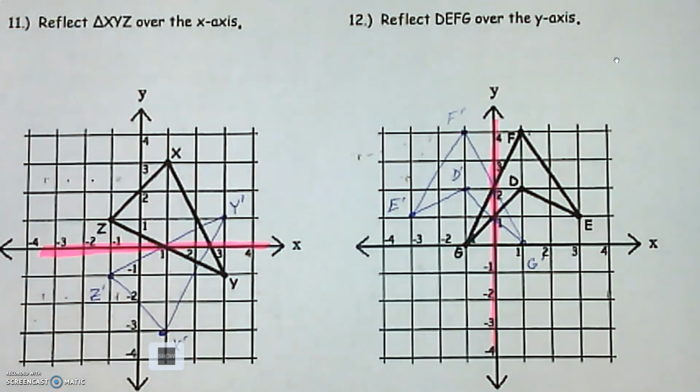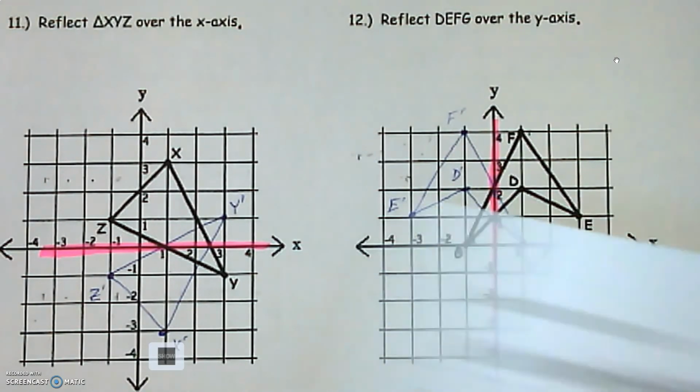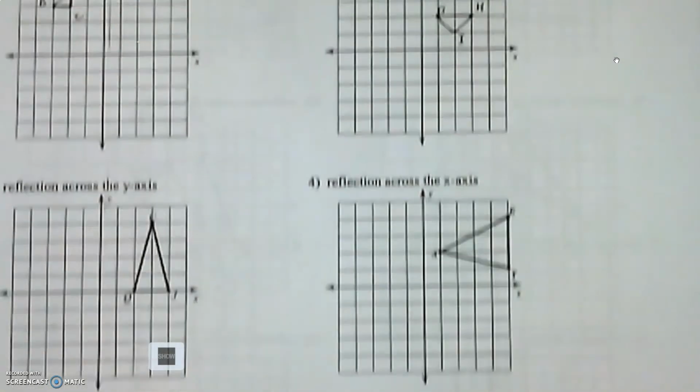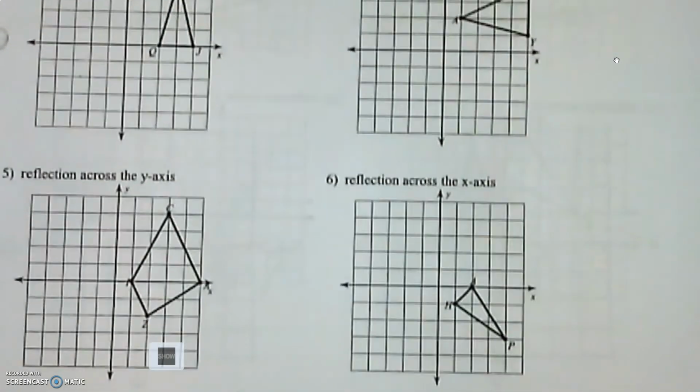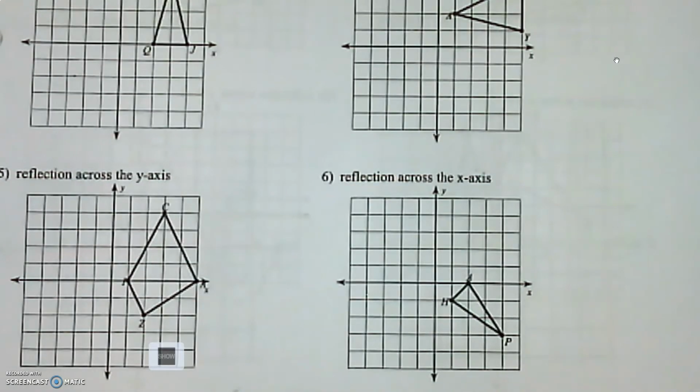Okay, that, everyone, is reflections. If you have any questions, oh wait, I'll show you the assignment. Okay, so the front, x-axis, y-axis, again and again. Now sometimes it will overlap, maybe not on this side, perhaps on this side.